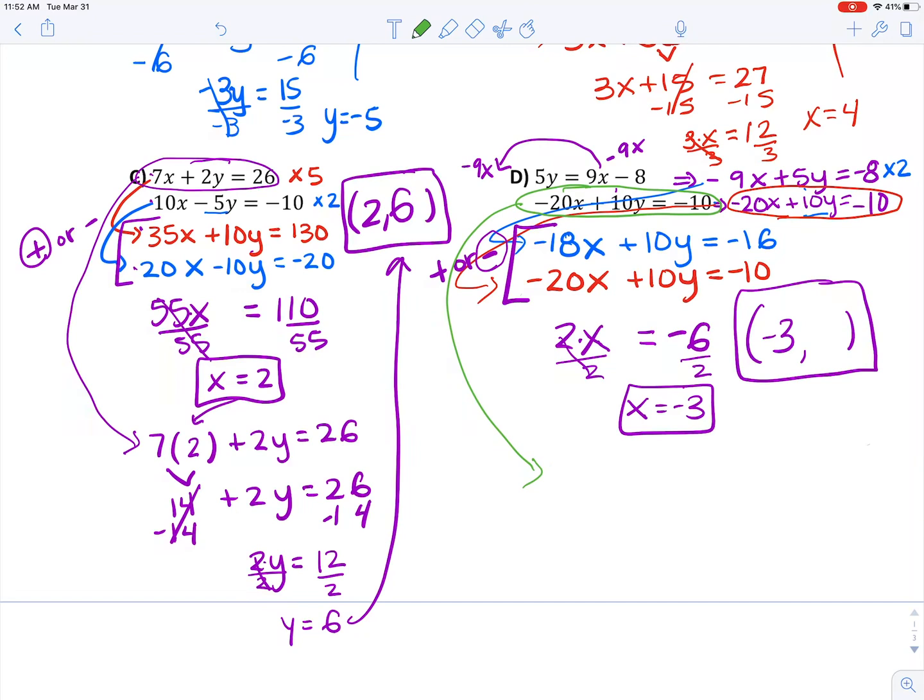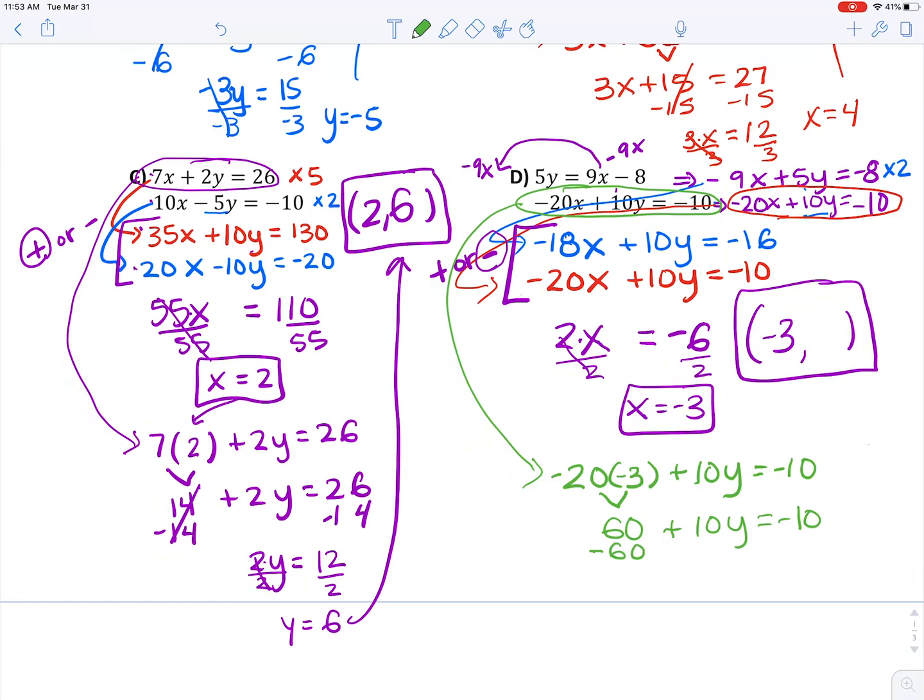I know it's getting a little hard to see in this video, but you should have the teacher's notes there for you too. So this is negative 20, and instead of writing x, I'm writing negative 3 plus 10y equals negative 10. All right, negative 20 times negative 3 is a positive 60, plus 10y is negative 10.